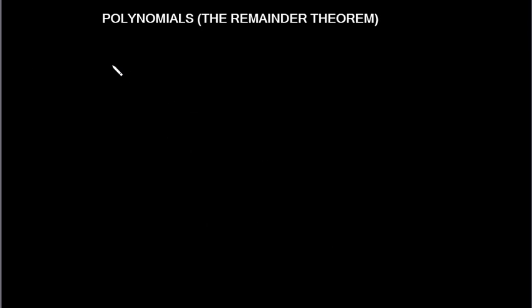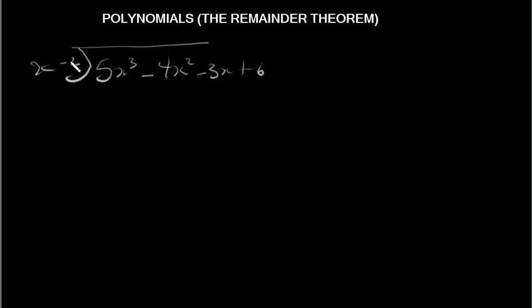Second example, we have 5x cubed minus 4x squared minus 3x plus 6, and this is divided by x minus 2. So going by the same method, you look for a term such that when you multiply that term with this term here, it will give you this term here.